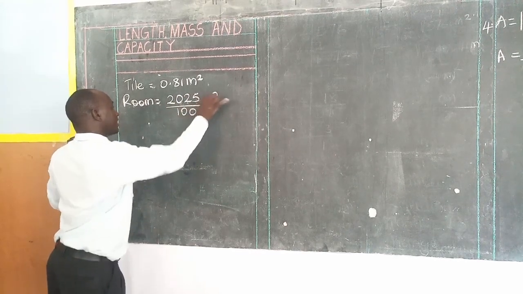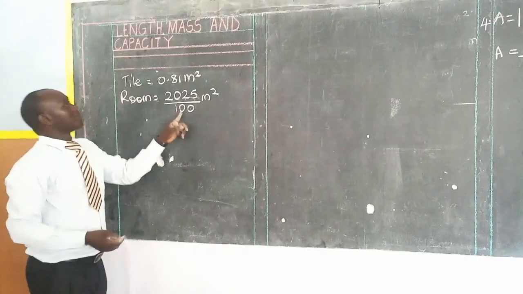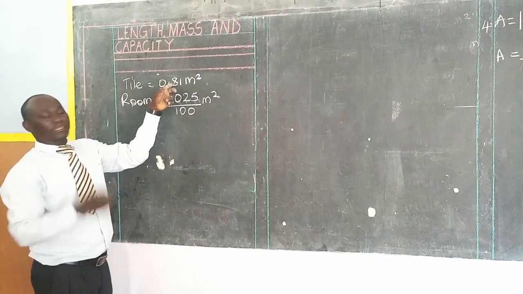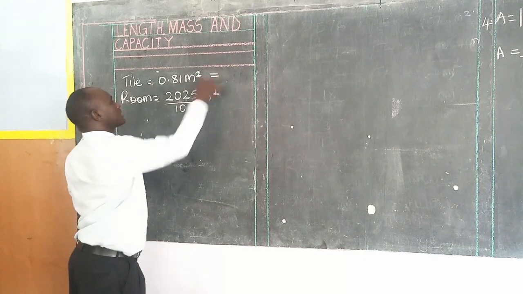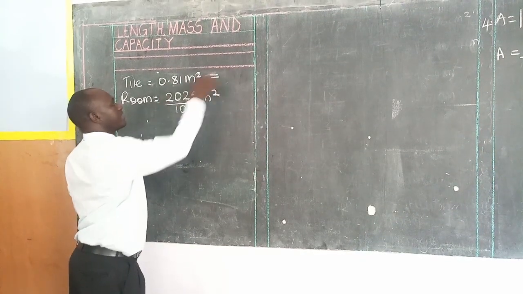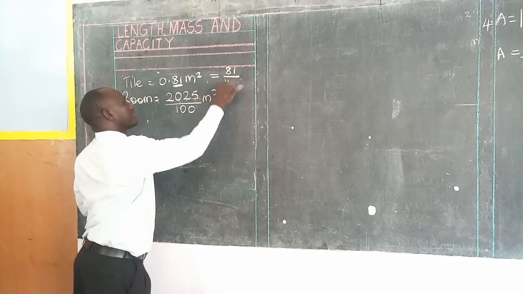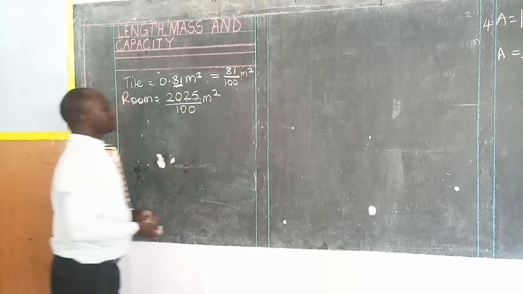There is one reason why I have not converted back to decimal, because I'll write the area of the tile as a common fraction. That is the same as 81, and here there are two decimal places, which makes me have this out of 100, and these are now in square meters.